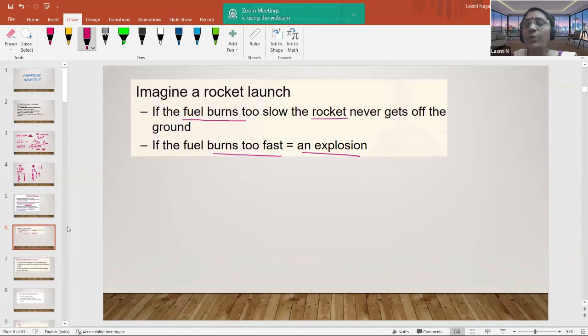Similarly, supposing you are adding curd to milk and the reaction is too slow. It takes 3 to 4 days. Imagine, if I need the curd today, I would have to set up the curd 3 or 4 days back. So chemical kinetics helps us to understand the various factors governing the reactions and hence allows us to intervene in the chemical reaction so that we can increase the yield and make it more economical.